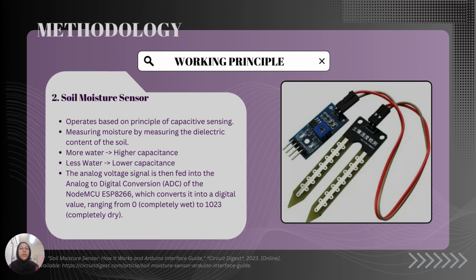So the analog voltage signal, which is the output from the sensor, is then fed into the analog to digital conversion, which is known as ADC, of the NodeMCU ESP8266, which converts it into a digital value ranging from 0 to 1023.